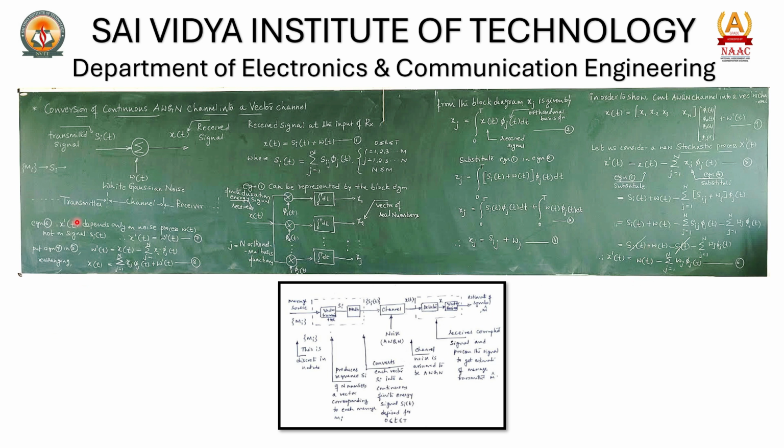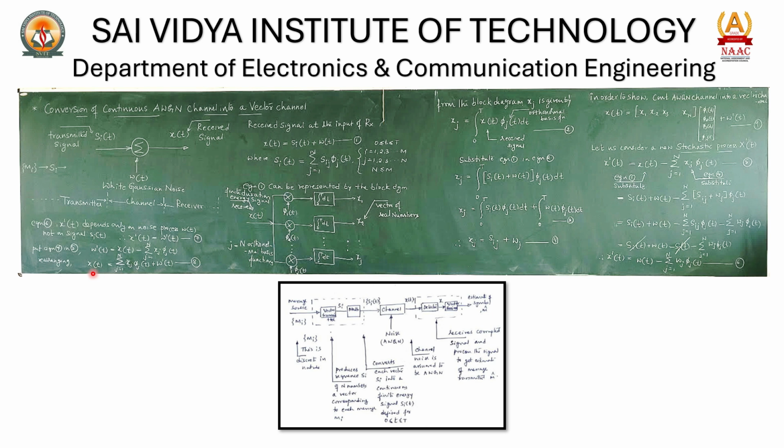Therefore, that equation shows the random variable of a stochastic process that depends only on the noise process, that is W of t, and not on the signal. Therefore, let us consider x dash of t equal to W dash of t, that is noise. So now you put x dash of t equal to W dash of t here and get the expression for x of t. Bring this negative term to the left hand side, and it becomes positive.